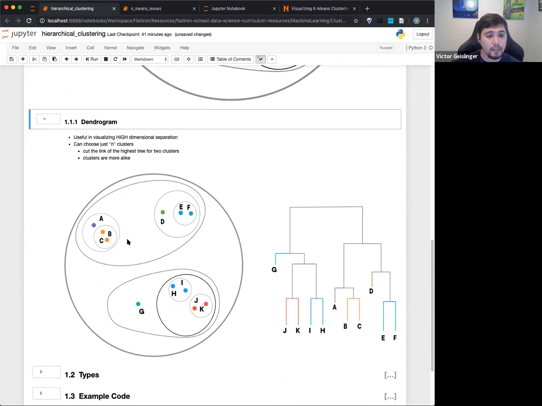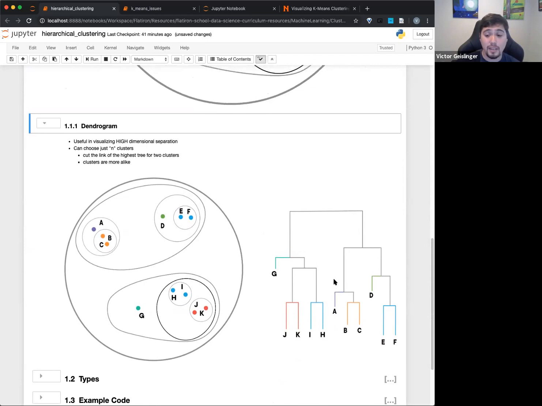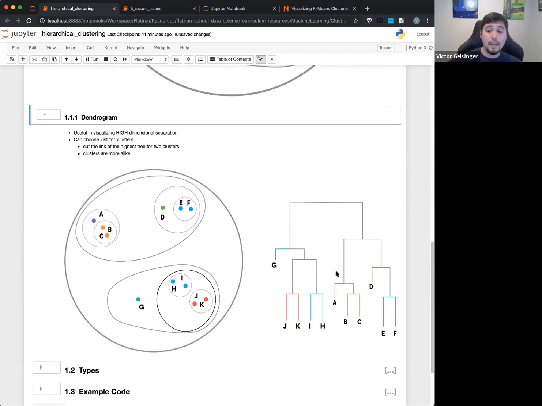These are all the different clusters, and they represent the actual groups together. What's nice about the dendrogram is we can visualize this in very high dimensional space. We can figure out how these groups are supposed to be put together, and we can just choose what n clusters there are.